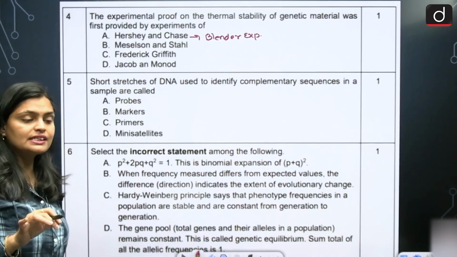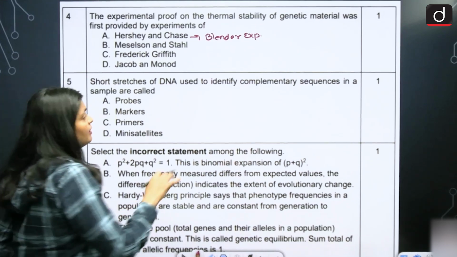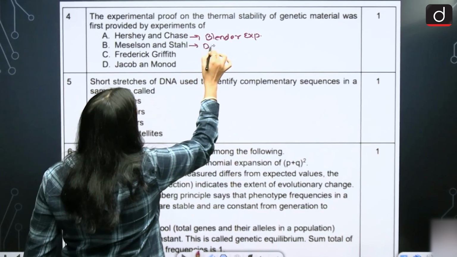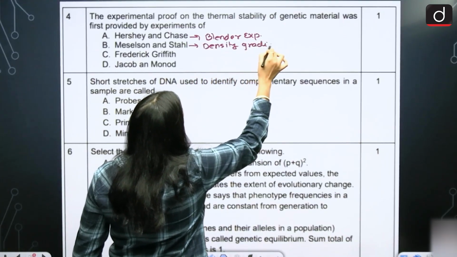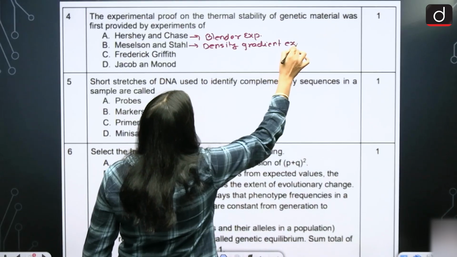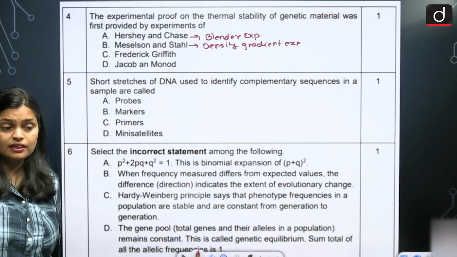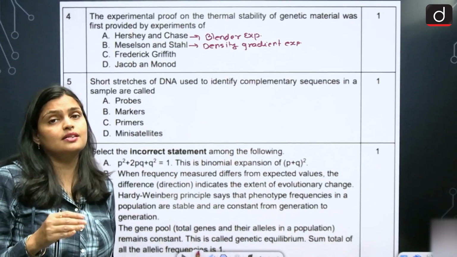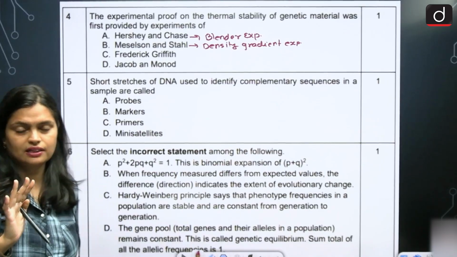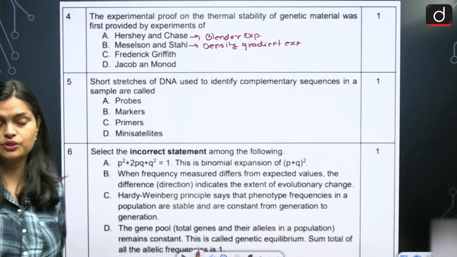Then Meselson and Stahl performed a density gradient experiment, and they proved that DNA replication is semi-conservative in nature.